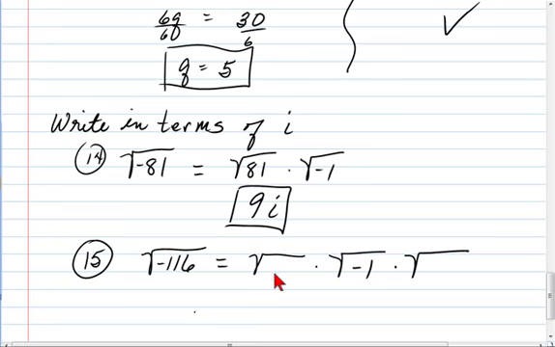If I break this into 2 radicals, I think 4 will go in there, and it will go in there 29 times. And you might have tried several perfect squares to see if they would go into 116, but I think it's going to turn out to be 4 and 29. So that gives me 2 times the square root of negative 1, which is i, times the square root of 29.